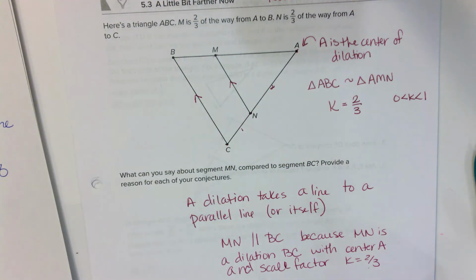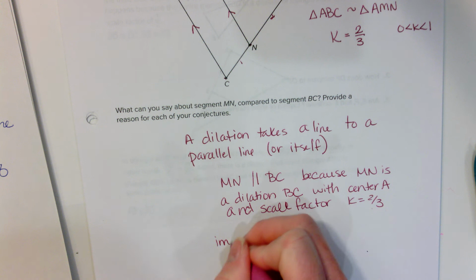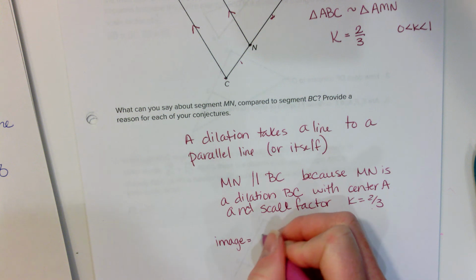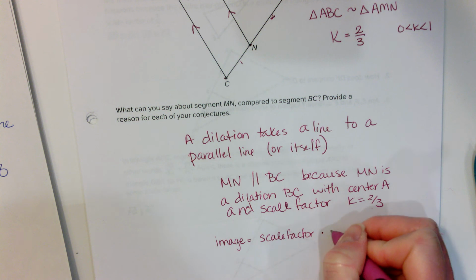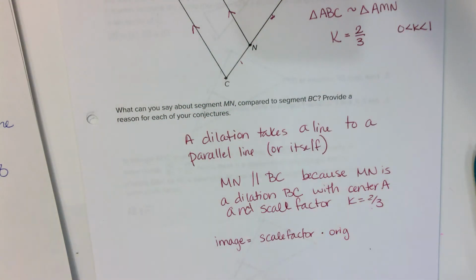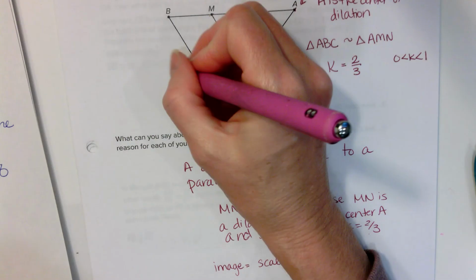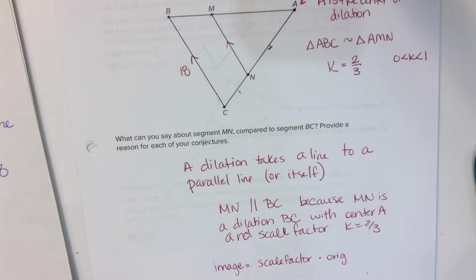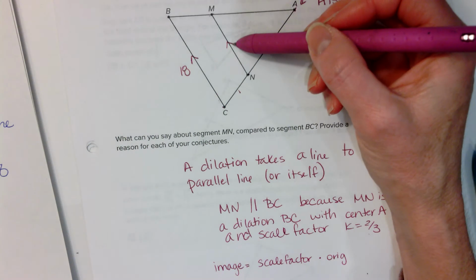It shrank. So let's talk a little bit about the equation we've been using, where the image is equal to the scale factor times the original. So let's just pick a number up here. I'm going to pick one divisible by 3 to make our math easy. Let's say that BC was 18. I can find the length of MN.